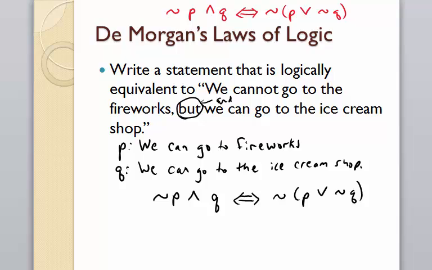And now let's take it and transform it into words. So the negation on the outside of the parenthesis means it is false. That P says we can go to the fireworks.